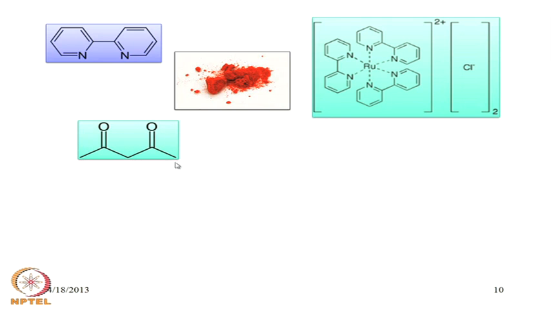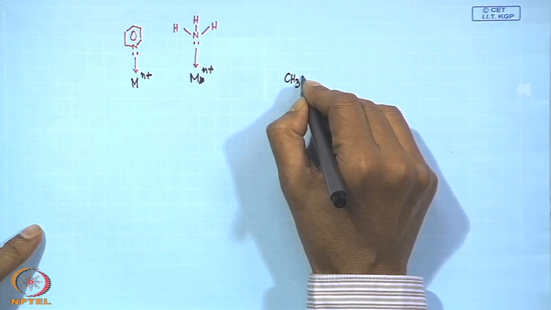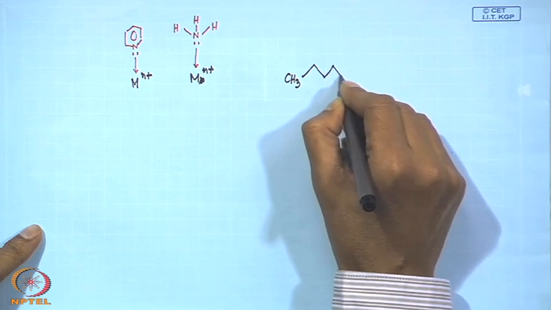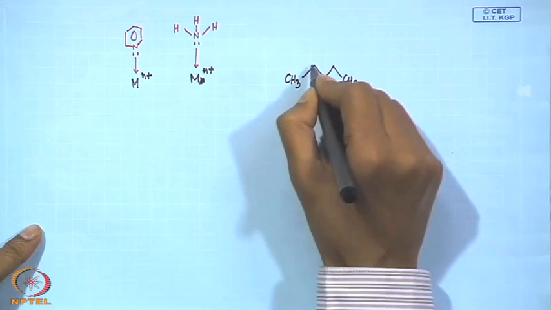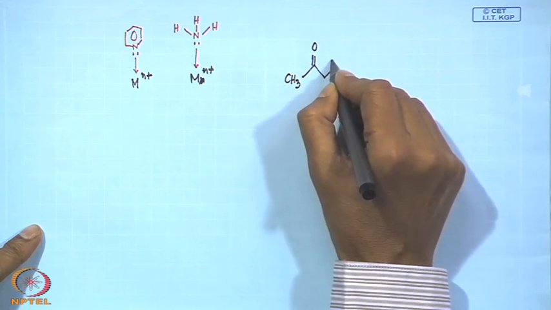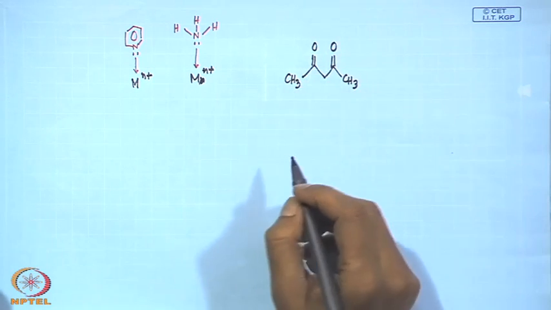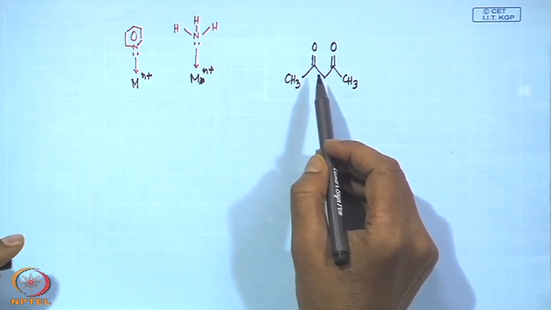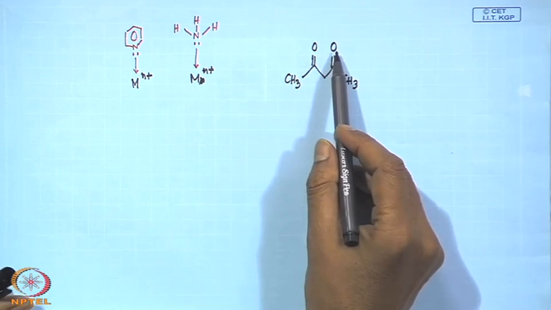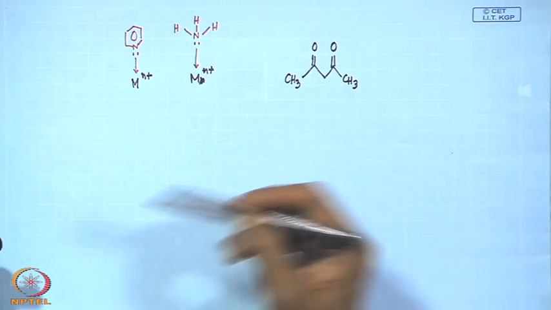Similarly, here is one example of a bidentate OO donor ligand. The bipyridine was an NN donor bidentate ligand, but this is a little more flexible OO donor bidentate ligand, which is acetylacetone. Acetylacetone is nothing but pentane-2,4-dione. It is a diketone system where 2 oxygen atoms are available for binding to the metal center.